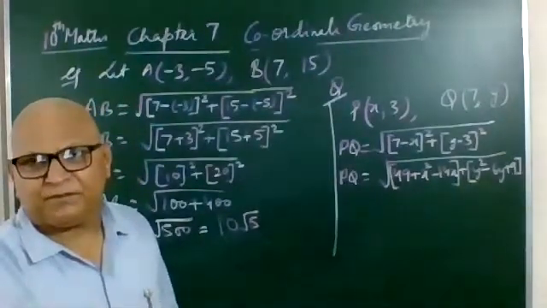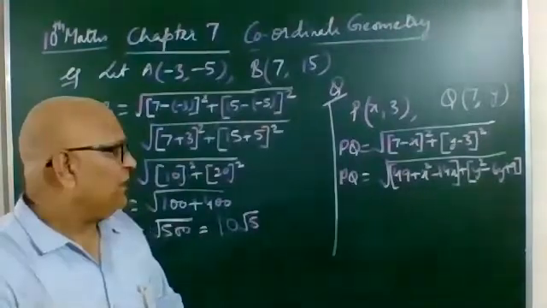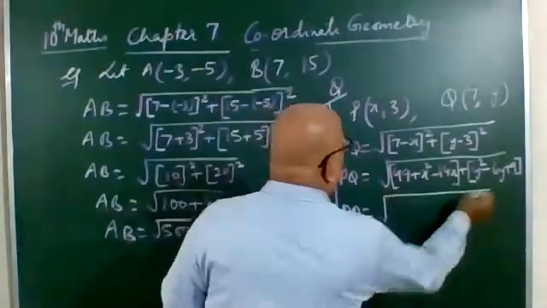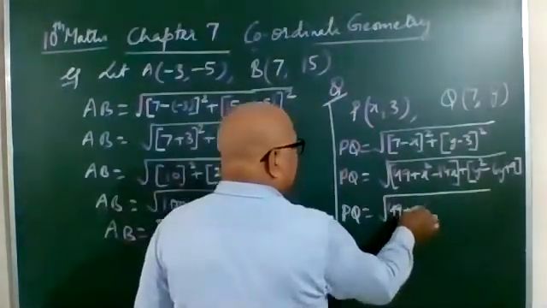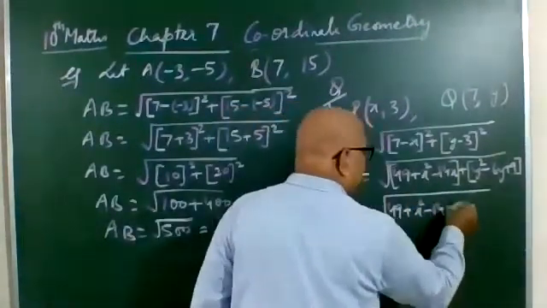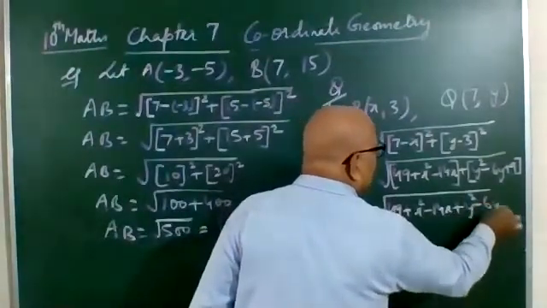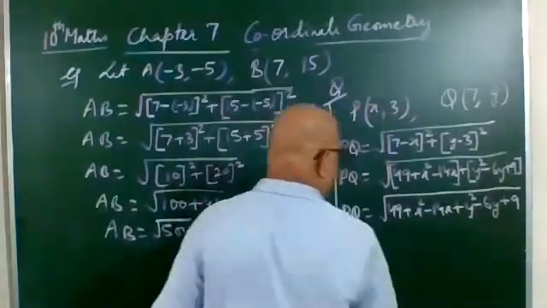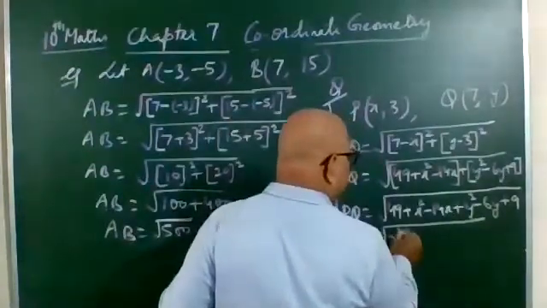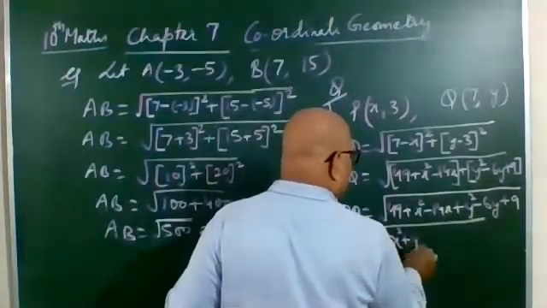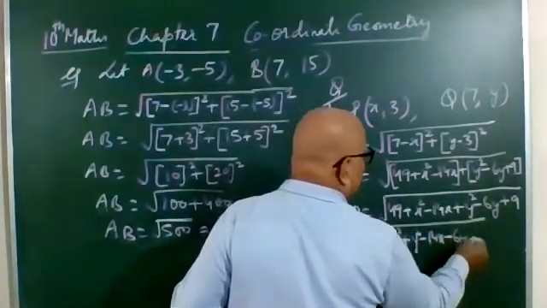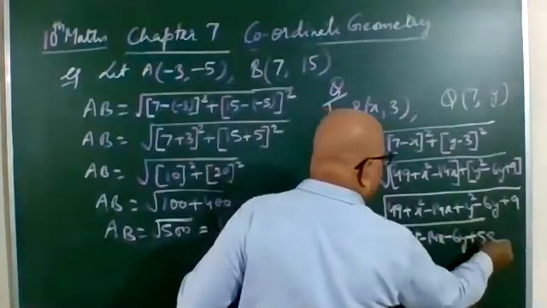After that, now PQ will be what? 49 plus x square minus 14x plus y square minus 6y plus 9. PQ is x square plus y square minus 14x minus 6y plus 58.